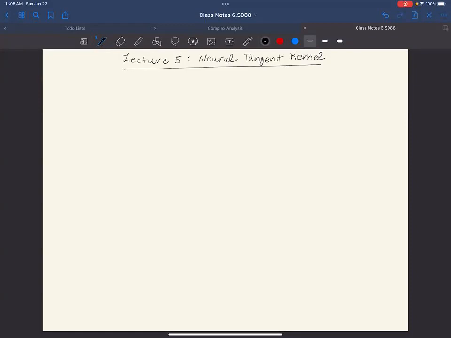So before we dive into this exact connection, I just want to review a bit what we did in the last few lectures. Remember, we had built up this whole foundation of linear regression and kernel regression. And in particular, what we did in the last lecture is introduced something called the neural network Gaussian process, which I denoted the NNGP.